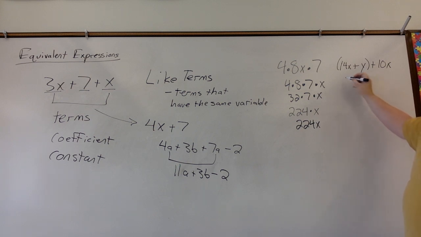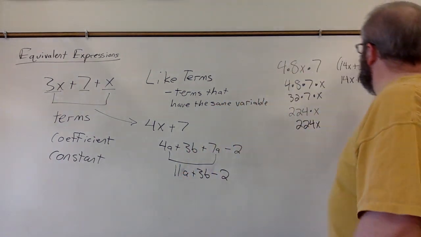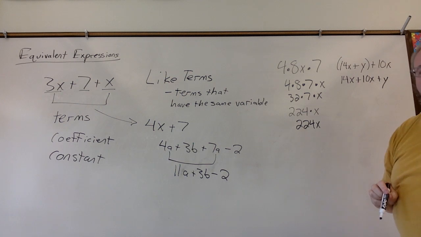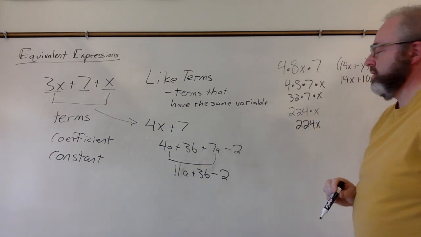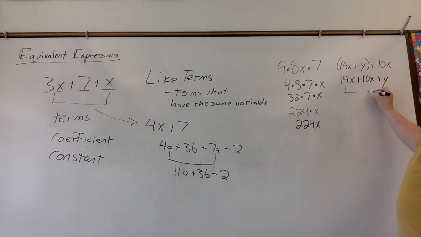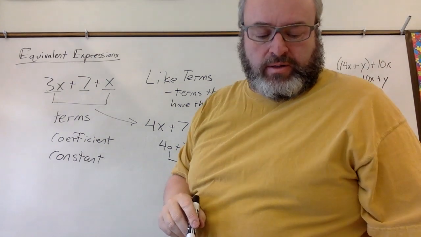But what if we combined 14x plus 10x plus y? Remember, we talked about some of our properties, and that means you can change the order of some things as long as it's adding or multiplying, not subtracting or dividing. Here we can combine those two terms. 10x plus 14x is 24x. I'm going to bring down the plus y, and that's as far as we can get on that one.